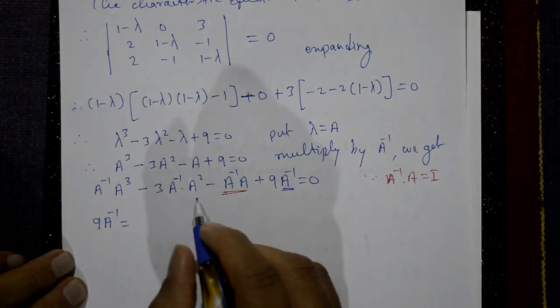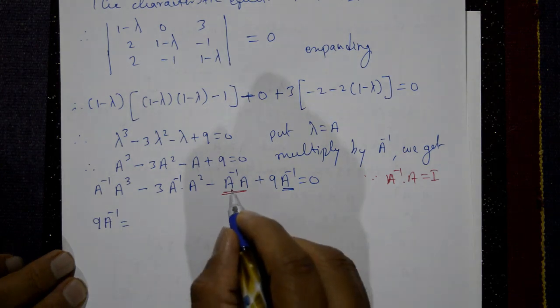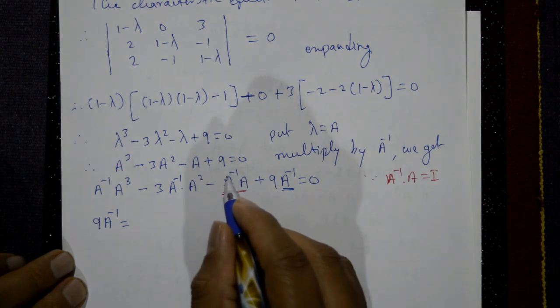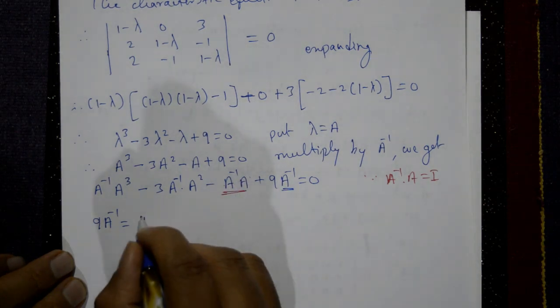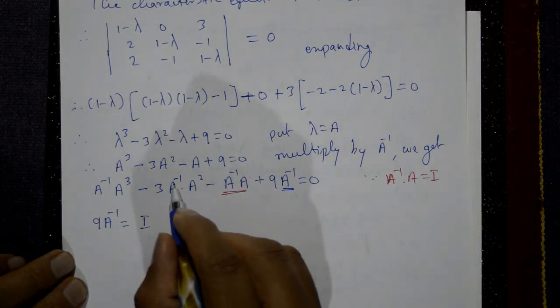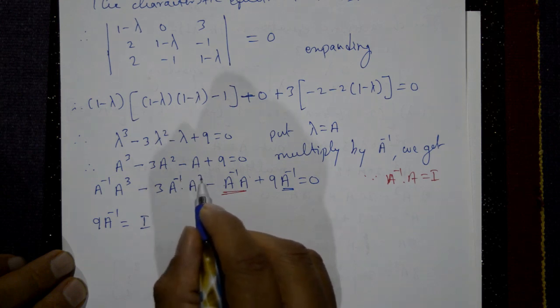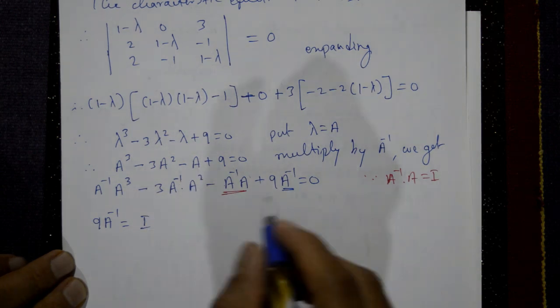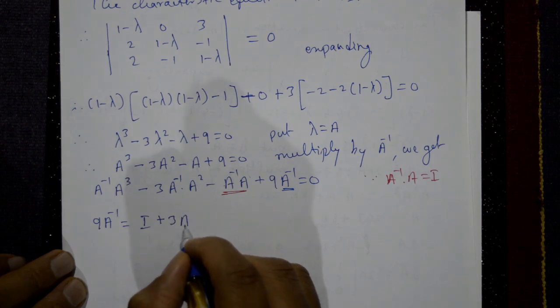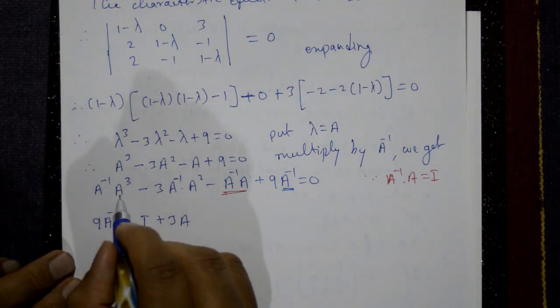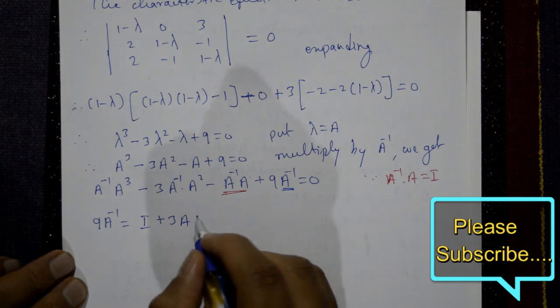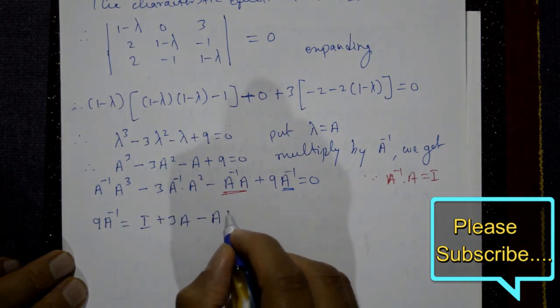Shift to the right-hand side: this is I, so minus I becomes A plus I. Minus 3A shifts to plus 3A, and A cubed times A inverse gives A squared, so shift minus A squared.